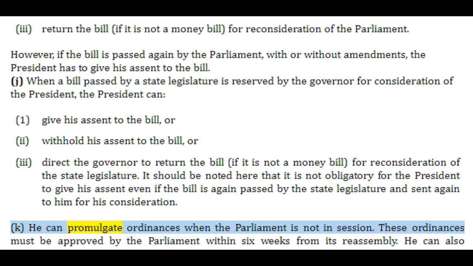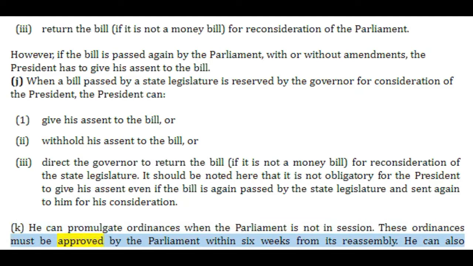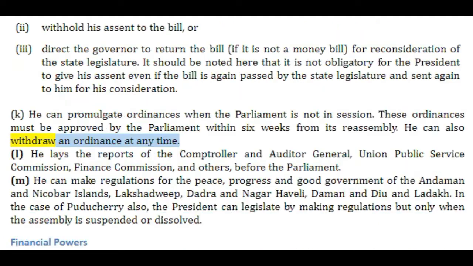k. He can promulgate ordinances when the Parliament is not in session. These ordinances must be approved by the Parliament within 6 weeks from its reassembly. He can also withdraw an ordinance at any time. l. He lays the reports of the Controller and Auditor General, Union Public Service Commission, Finance Commission, and others before the Parliament. m.